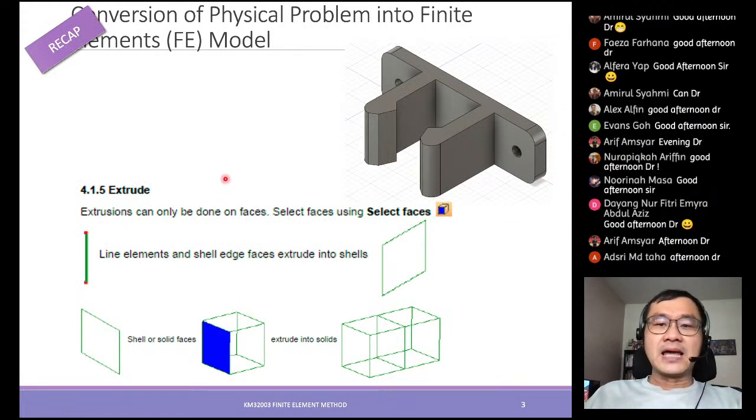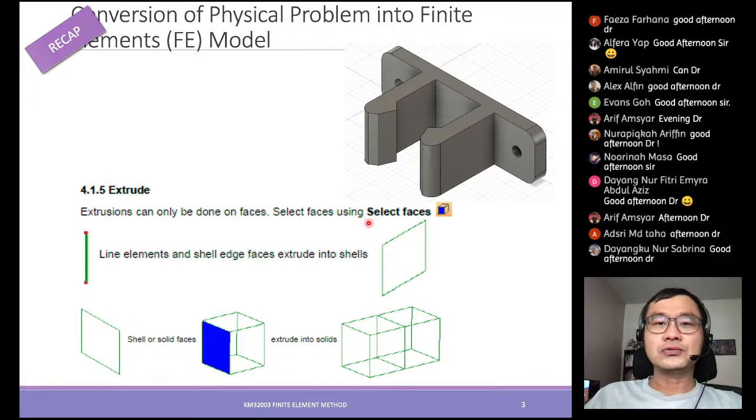Just a recap on the previous slides that I showed you a long time back, I think in the second lecture. As we know, for any finite element model, we can always have our three-dimensional model.